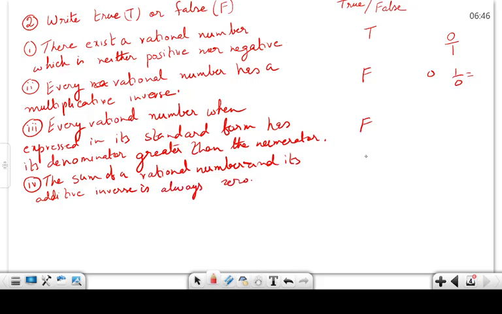It is right, that it is true. Because if we add a rational number and its additive inverse, say the rational number is 5 and the additive inverse is minus 5, if we add them, it becomes 0, and that is a correct answer.